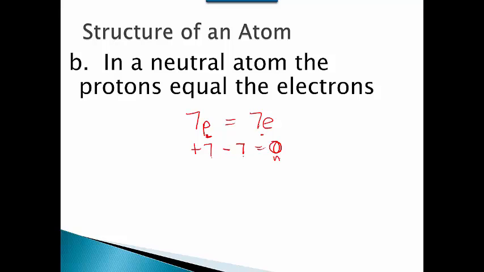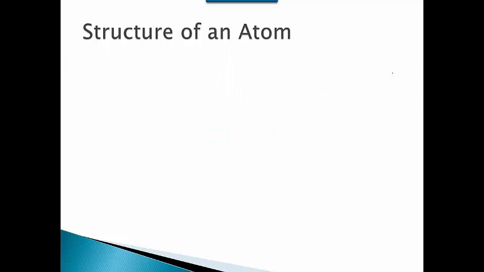And 0 is neutral. It doesn't have a charge. So this is an important piece of information. This will help you to calculate your electrons. That's something to keep in mind when we get into the next video and we do some examples.